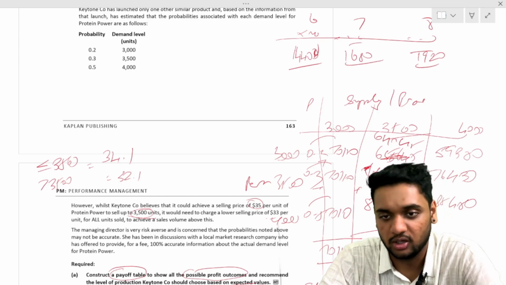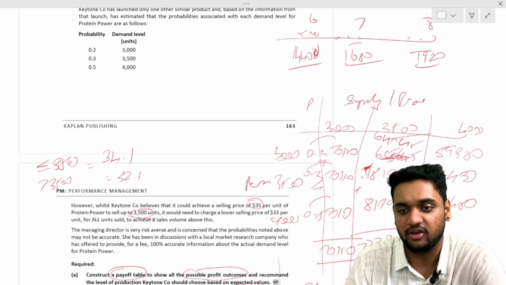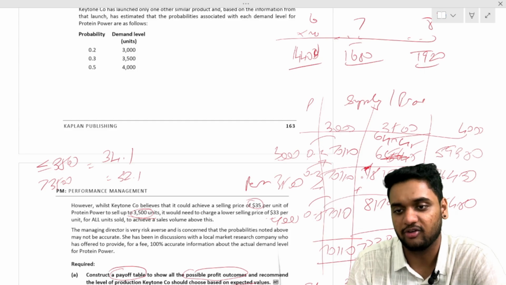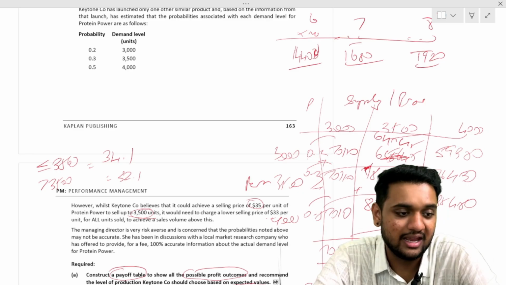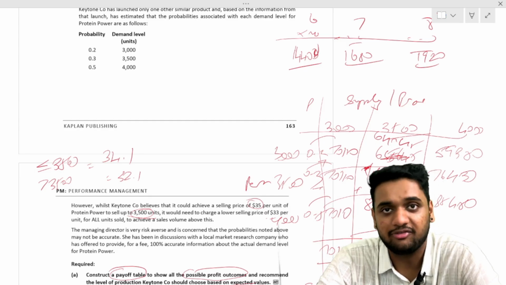78,385. Last one. 0.2 into 59,380, 0.3 into 76,430, 0.5 into 85,480.